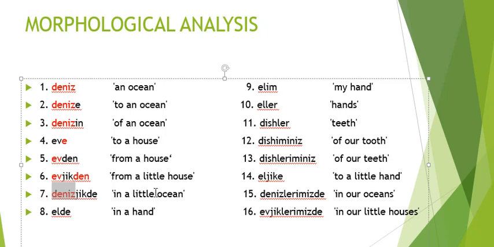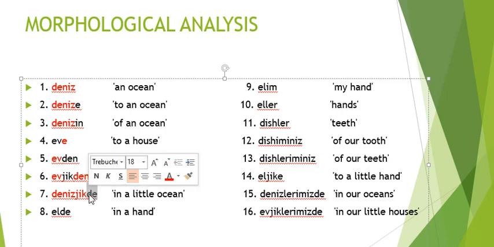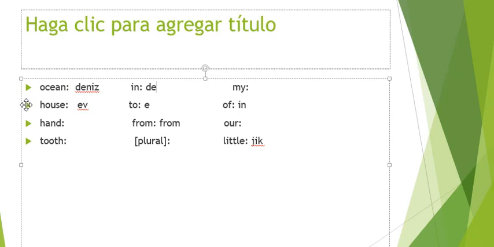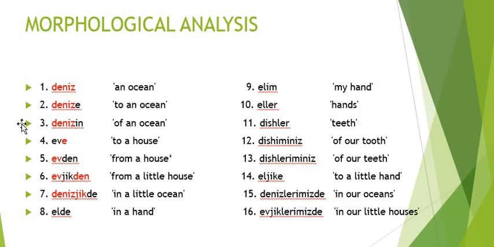You know that little is jik. So that means that in Turkish is de. Okay, so now you have the morpheme for the word in. So in is de. Got it?